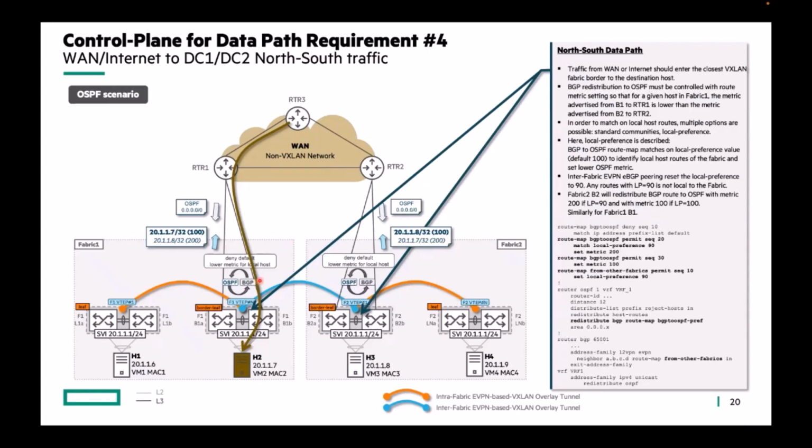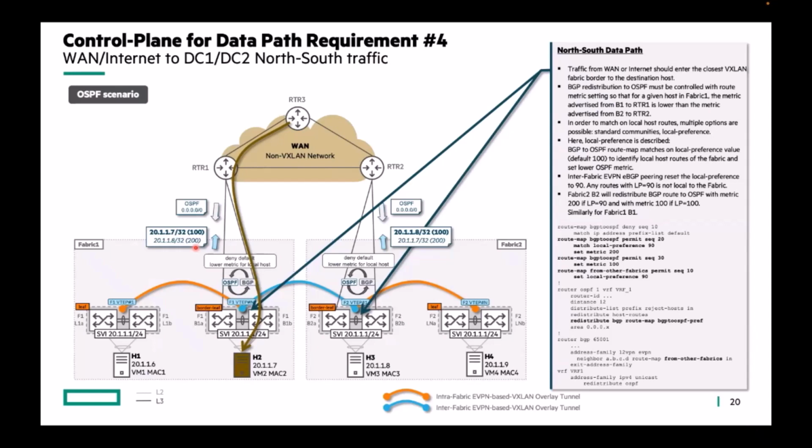To achieve this, what needs to be done? BGP redistribution to OSPF must be controlled with route metric settings so that for a given host in Fabric 1, the metric advertised from B1 to router 1 is lower than the metric advertised from B2 to router 2. Basically, we are trying to control the metric here.